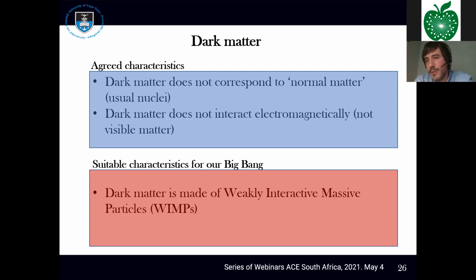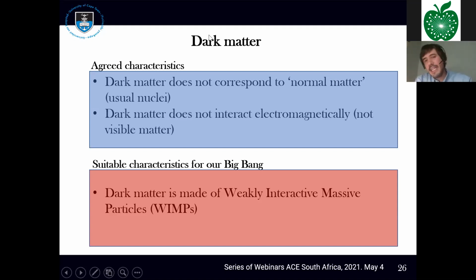So there should be a kind of matter we cannot observe, and it's not part of the normal matter we observe in our everyday life, okay? These are the agreed characteristics for scientists: dark matter does not correspond to normal matter, and dark matter does not interact electromagnetically, okay? So it's not visible matter.